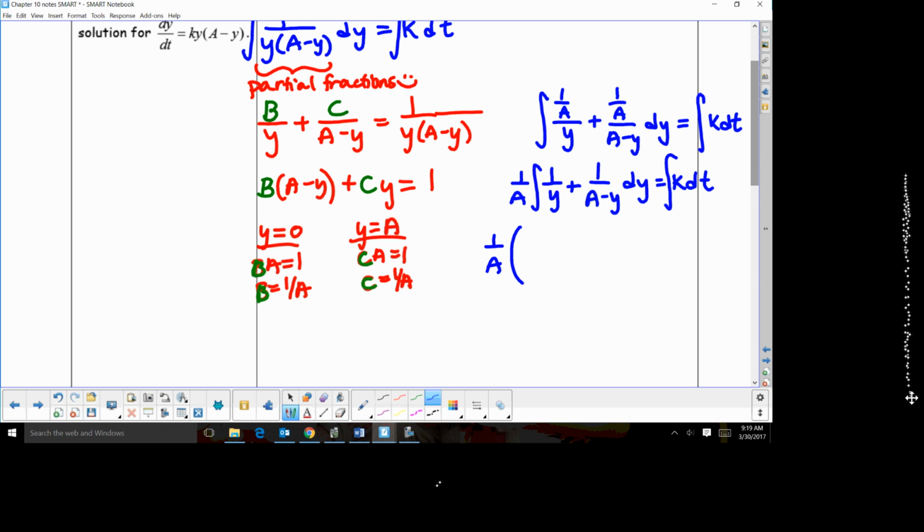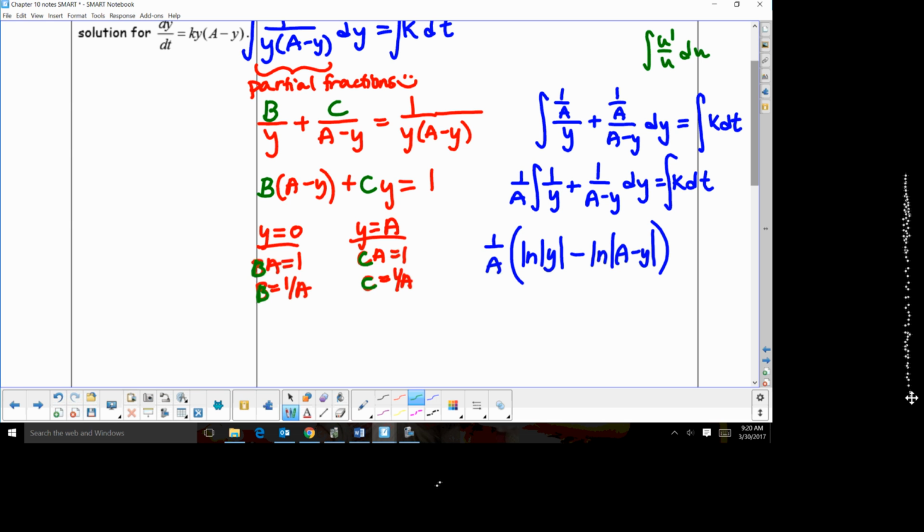So this one is just the ln absolute value of y. What's the next one? Is it plus? No, it's actually minus. Do you remember that tricky part that we've talked about before? Why? Because when you have the ln rule, you are integrating u prime over u.